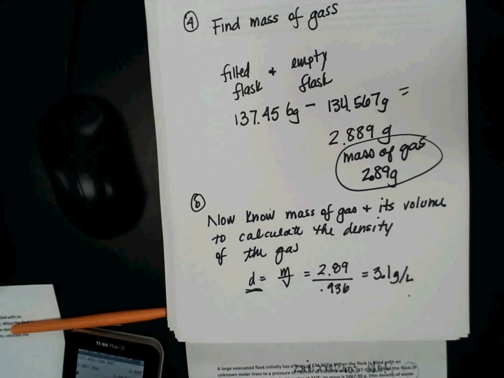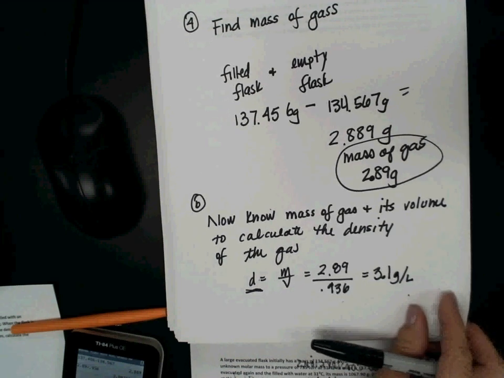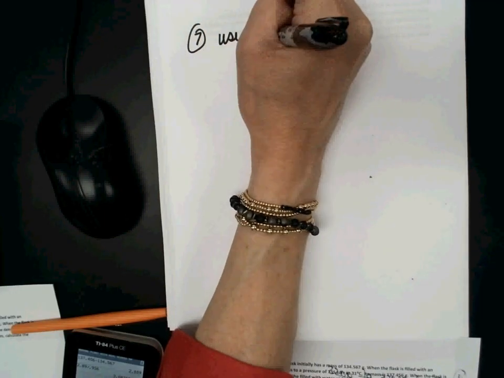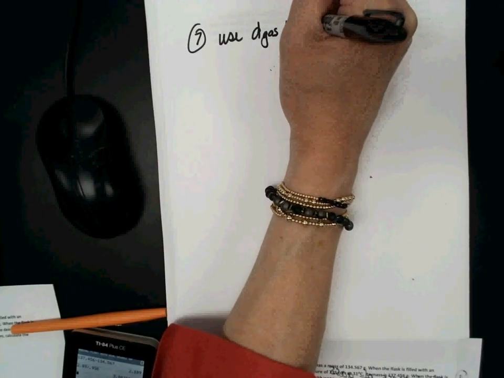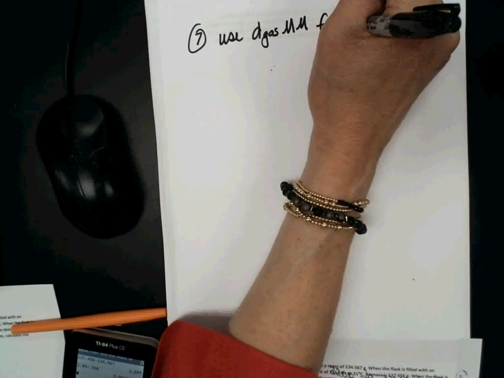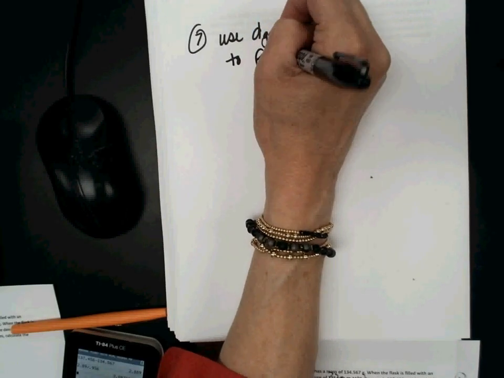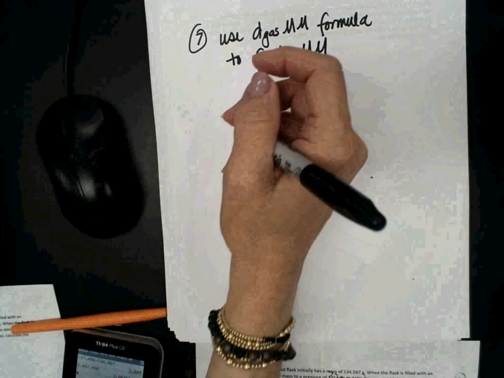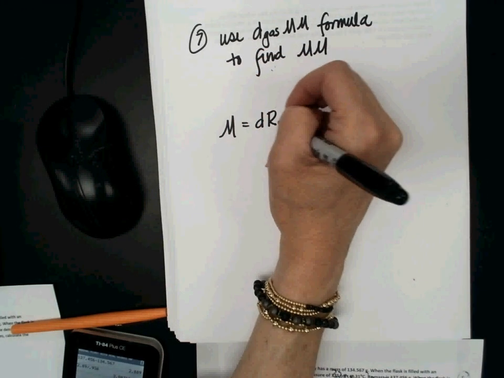So we've got an important piece here. Because we know the density, now we can use that formula, finally. We're going to use our density gas molar mass formula to find molar mass.